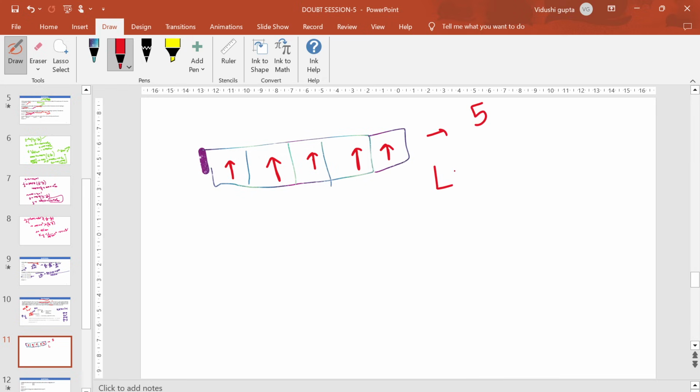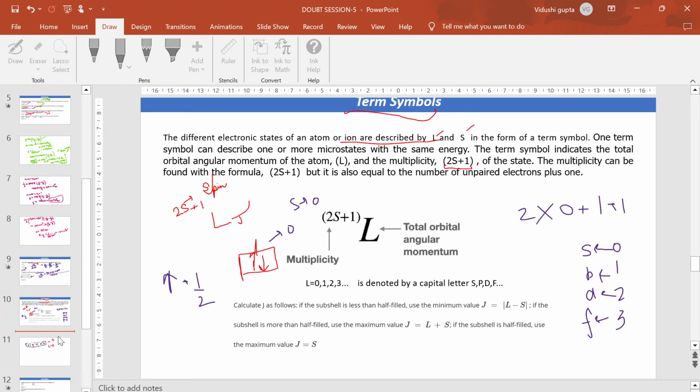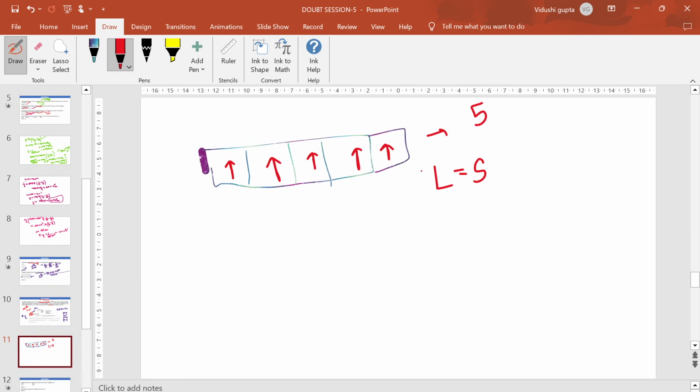So here J will be exactly equal to S. So what is S here? Total 5 electrons, and for a single one we know it is half. So S will be 5 by 2. So J will be 5 by 2.